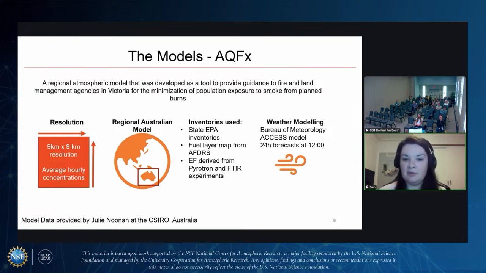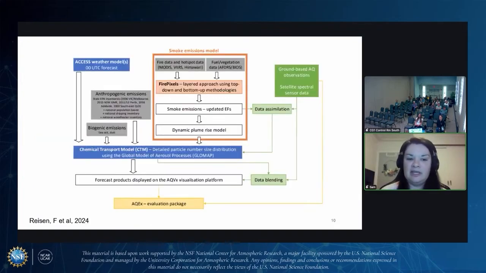The weather modeling was obtained from the Bureau of Meteorology ACCESS. I've included here an infographic from this paper, which shows the overall structure of the AQFx model. Feel free to have a look at this a little bit later and ask me some questions about it, but this is the overall architecture of the model for measuring those smoke emissions.